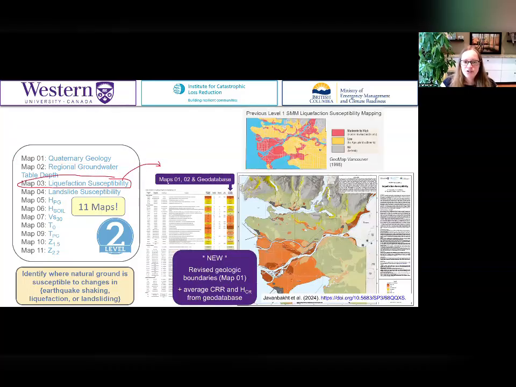Once we had a new geology map and an understanding of what the groundwater table is like across the region in map 2, we could use our geodatabase to create a susceptibility map of the liquefaction. Again, the old status back in 1998 was just that if you're close to the river and in the Fraser River Delta, it's going to be highly susceptible to liquefaction. Our map is not all that different.